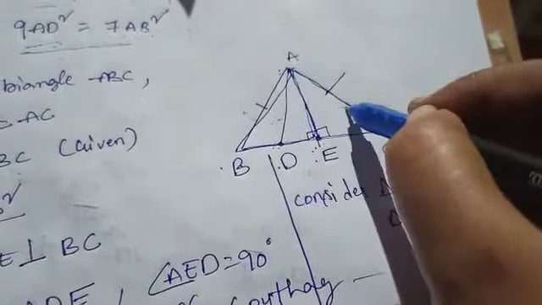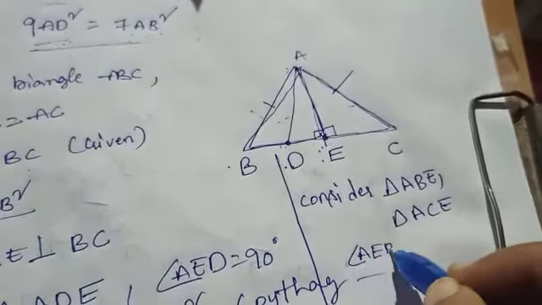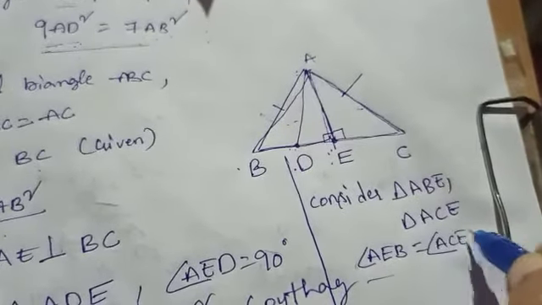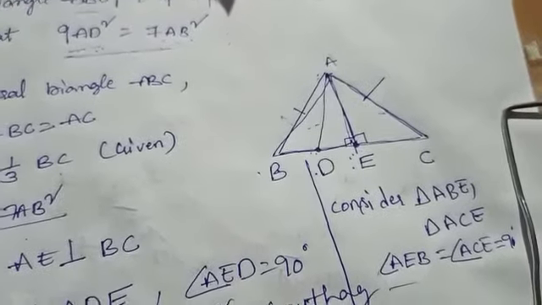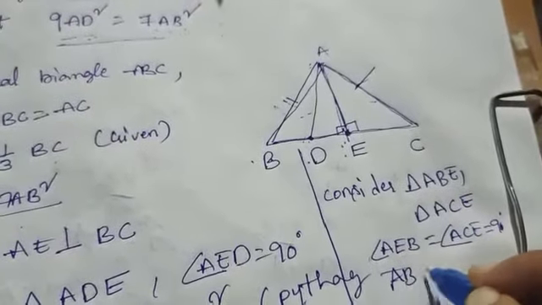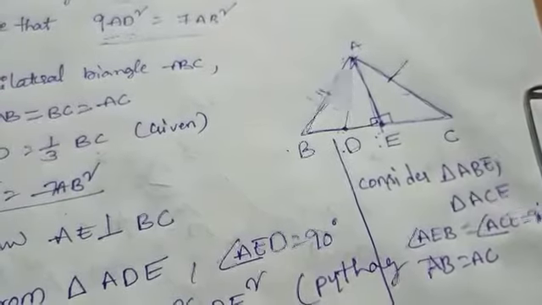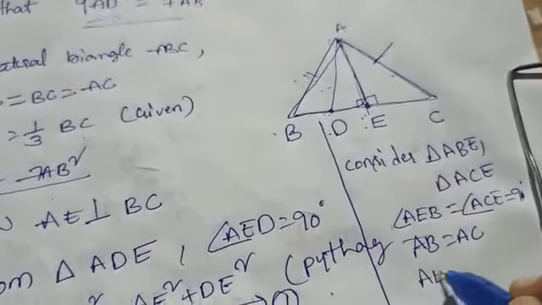These two triangles are right angle triangles. Angle AEB equal to angle AEC, which is equal to 90 degrees. And AB equal to AC, and AE equal to AE, the common side.